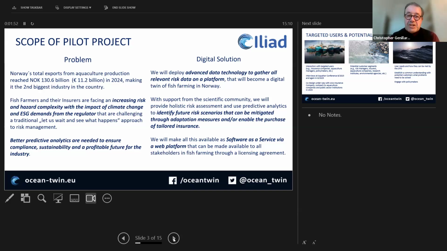We want to provide holistic risk assessment, looking at every meaningful risk, and then use predictive analytics to identify scenarios that can be mitigated through adaptation measures, or, as in our case as well, purchase tailored insurance. All of this on a platform that is providing software as a service. The next page, please.